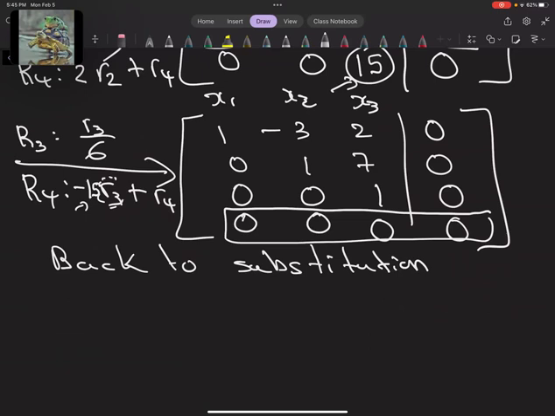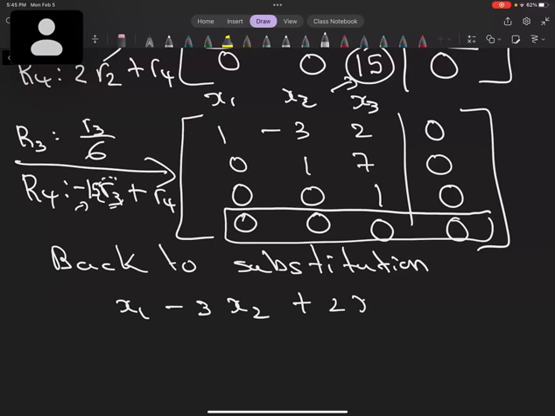So what are the equations, guys? 1x1 minus 3x2 plus 2x3 is equal to 0. Yeah, keep going.